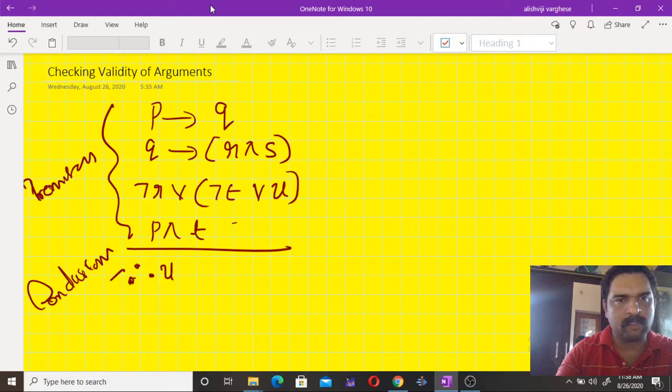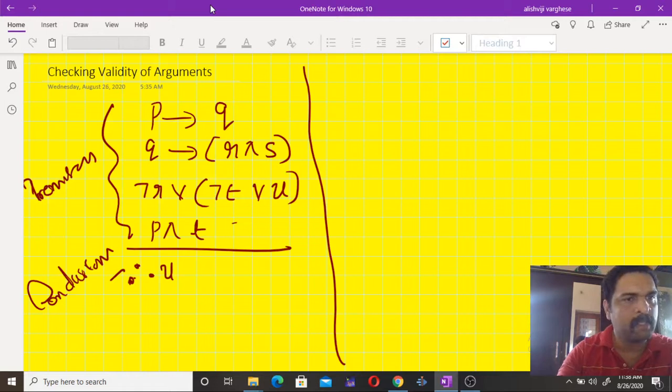At first, when we see all these expressions, we cannot make any conclusion about whether the argument is valid or not. So we have to check the validity of this argument in a systematic step-by-step procedure.